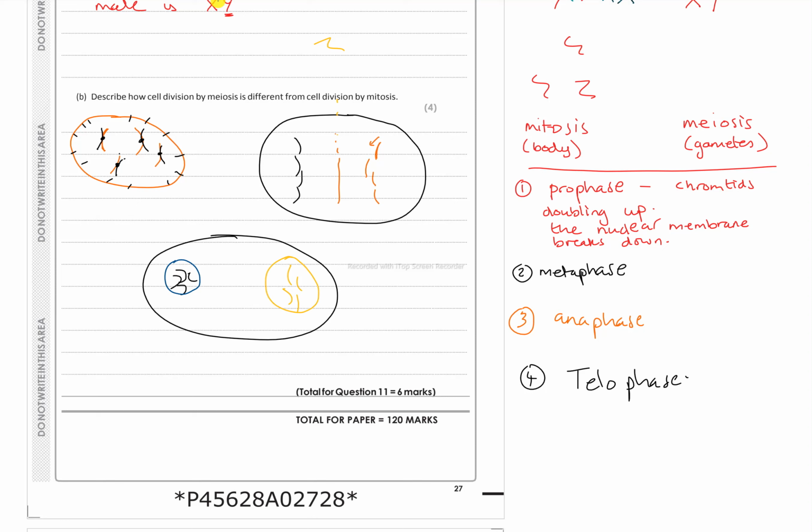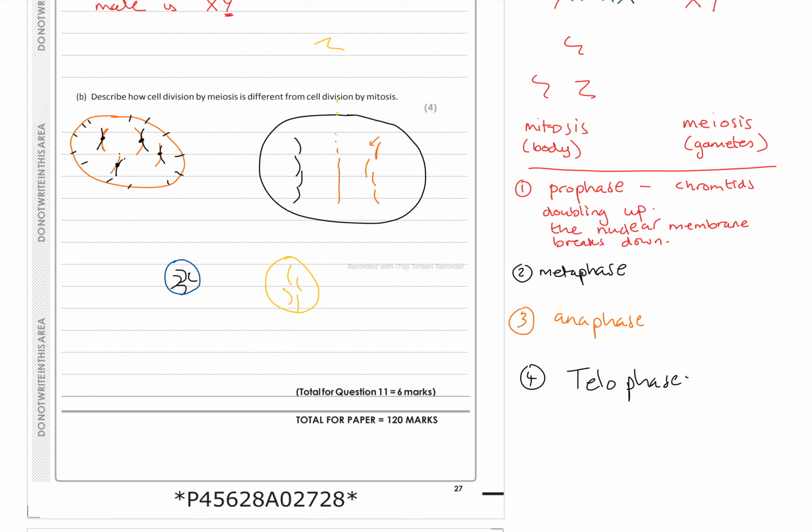And what happens is, that then starts, the cytoplasm starts splitting up. And then eventually it will become 2 separate.